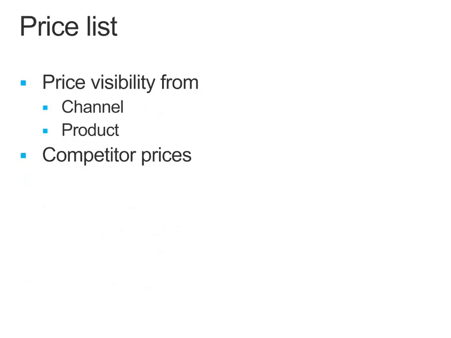You can come in through the channel and look at all the products that are available for this channel and what the actual prices are that are applicable for this channel right now. On the reverse side, you can come in from the product and look at what channels it is available in, and what the price is for each channel.